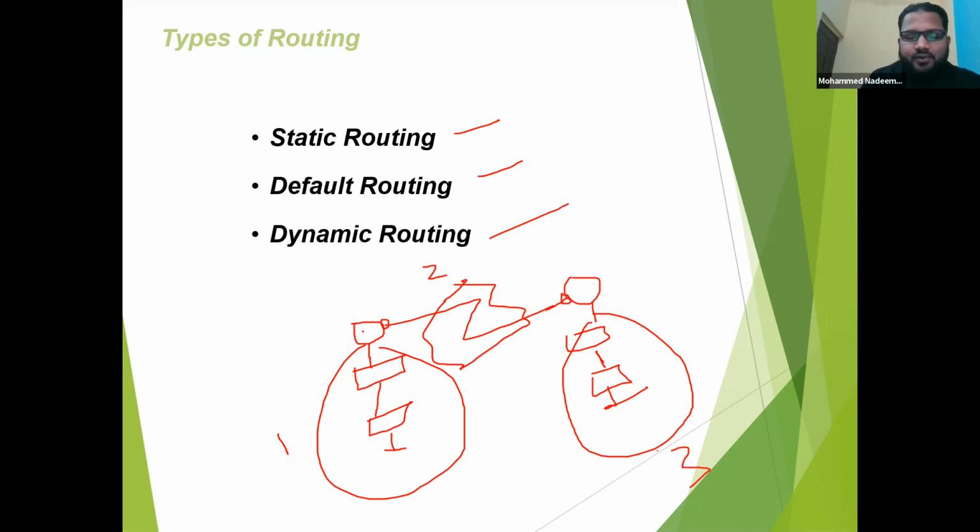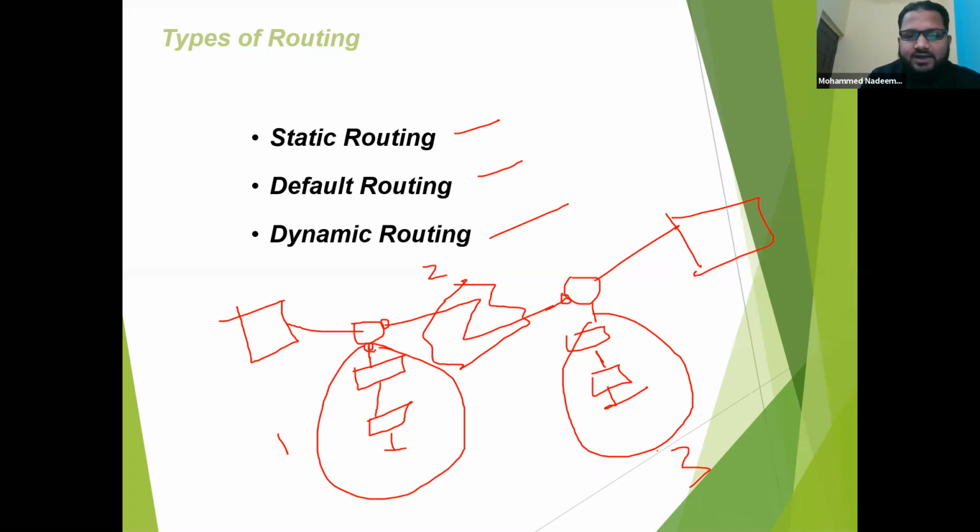If you go to the routing table of this router, we will see this practically in the lab, what routes will be there by default? First, remember this point: by default a router will store all its directly connected networks.